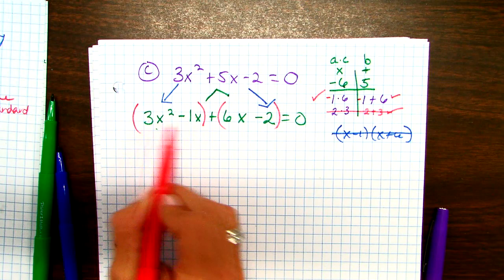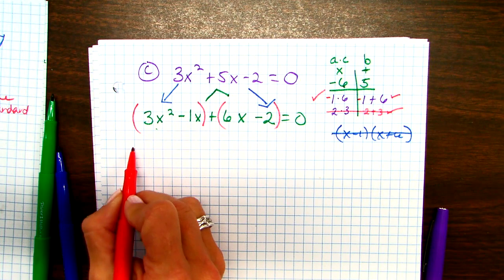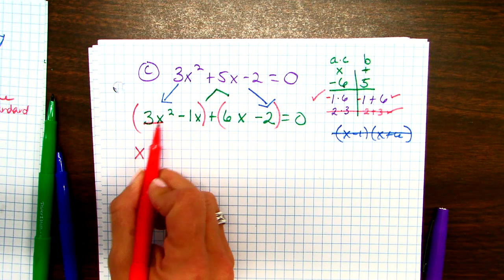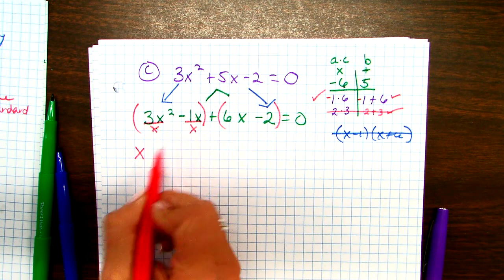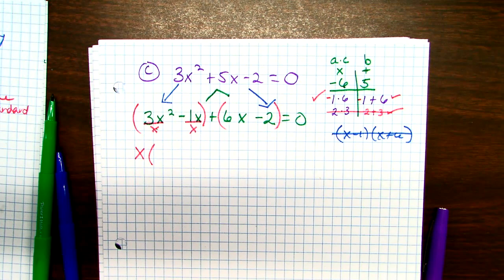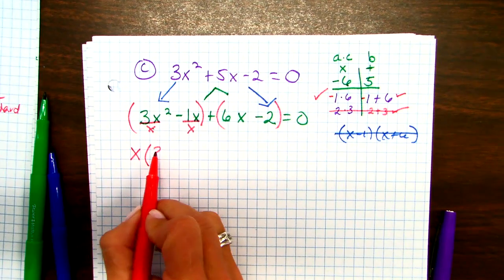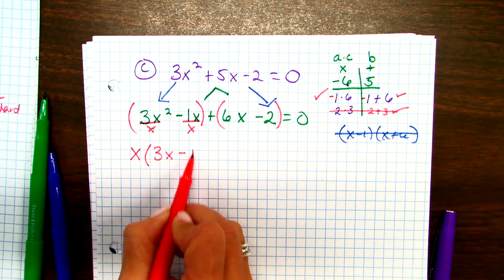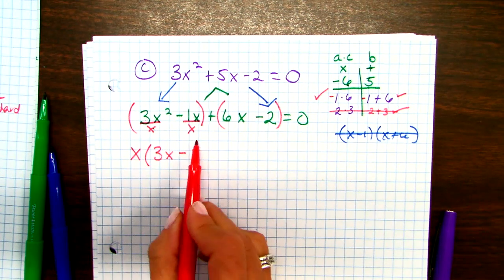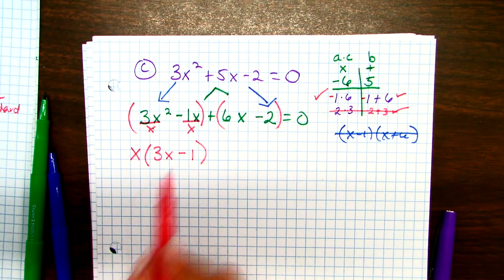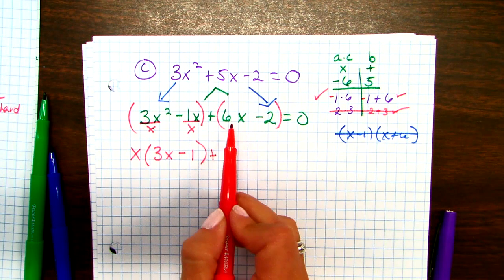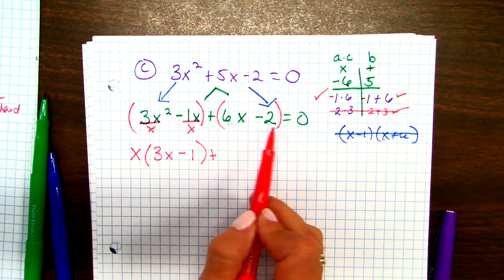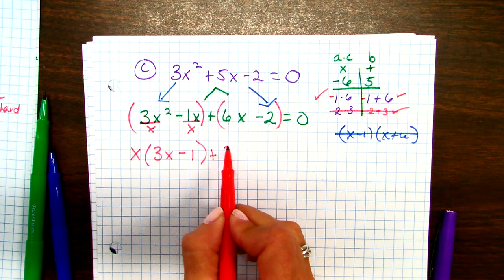They both have an x in common. So we don't have to put the 1. If you do, it's fine, but you don't need to put it. So I'm just dividing both of these by x. Okay. And in the back, what do I have in common? Just 2, right?